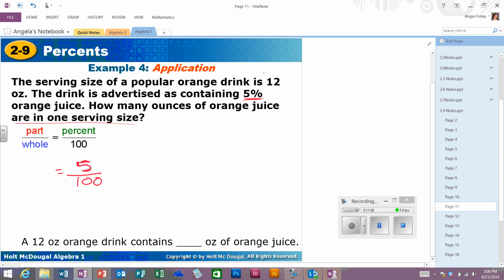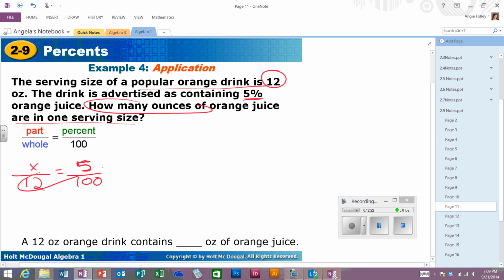We need to decide: 12 ounces, is that the part or the whole? Well, it says the serving size. The entire drink is 12 ounces. And we want to know what part of those ounces is that 5%.